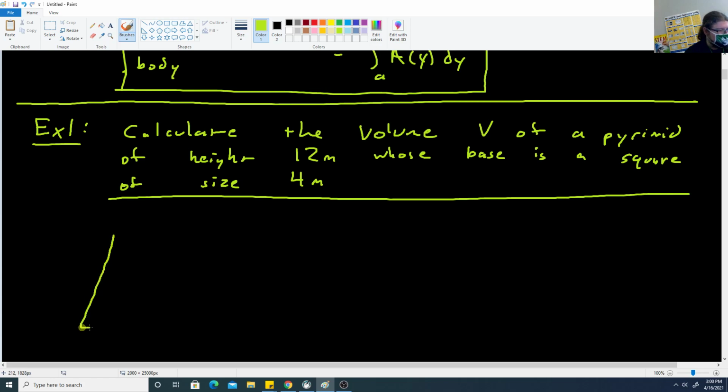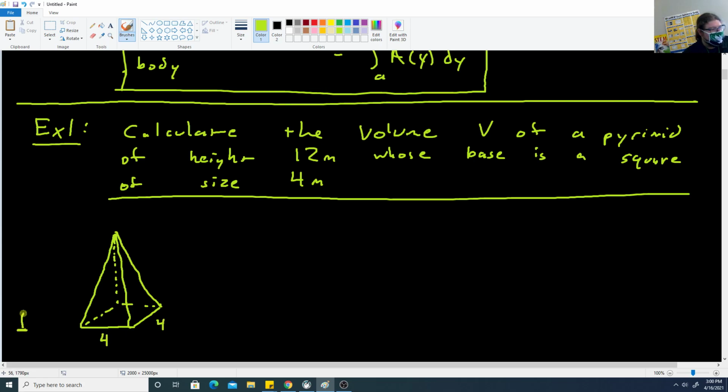It's going to have a base that is 4 by 4. It looks like this. So we have our pyramid with a base that's 4 meters by 4 meters on a side.